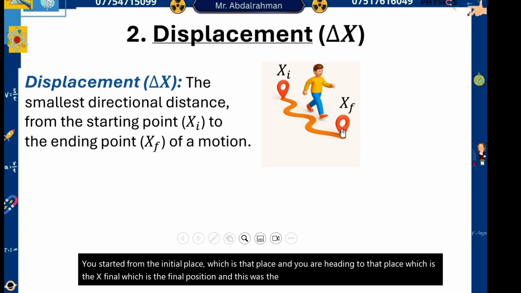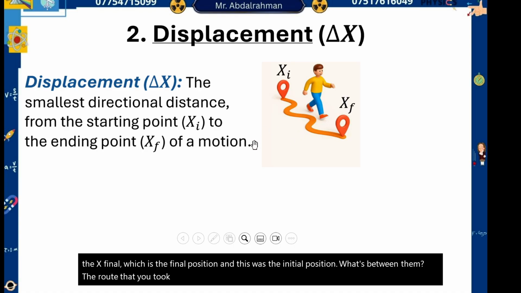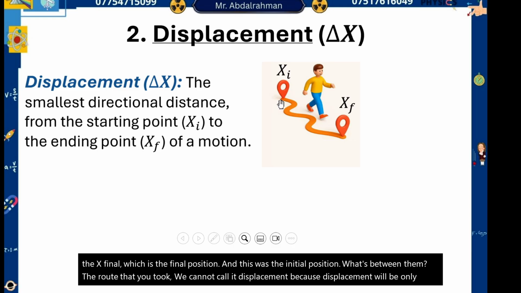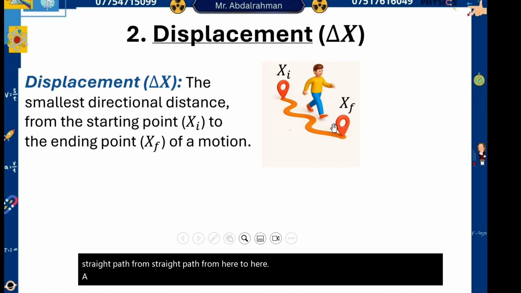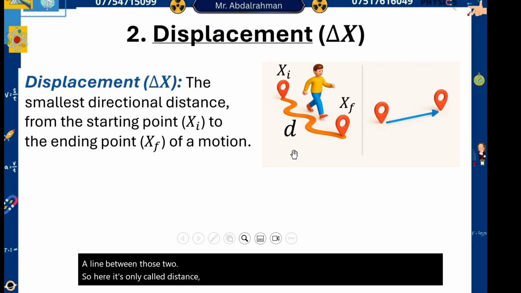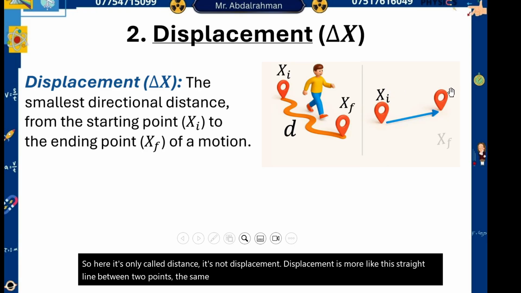What's between them, the route that you took, we cannot call it displacement, because displacement will be only a straight path from here to here, a line between those two. So here it's only called distance. It's not displacement. Displacement is more like this, a straight line between 2 points. The same thing here. We have x initial and x final, and the displacement is just a line between them.